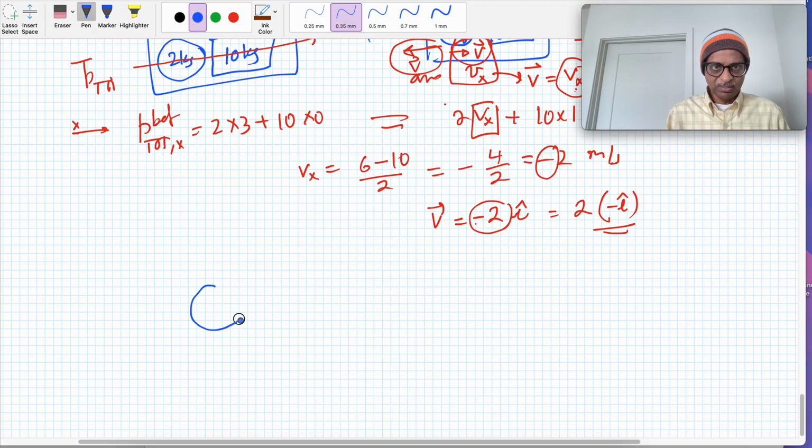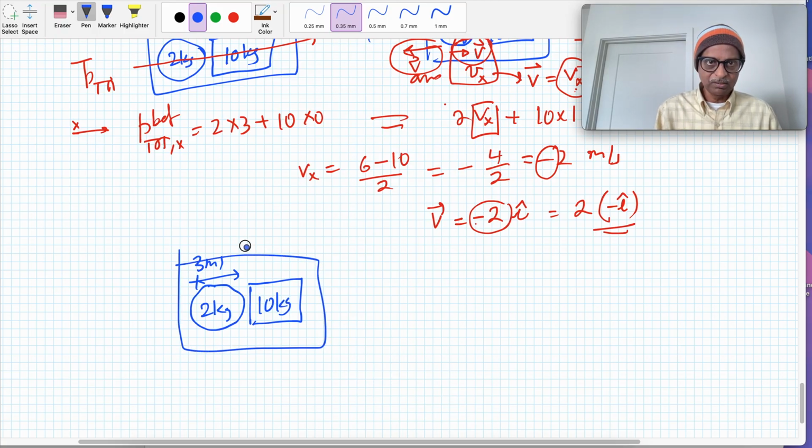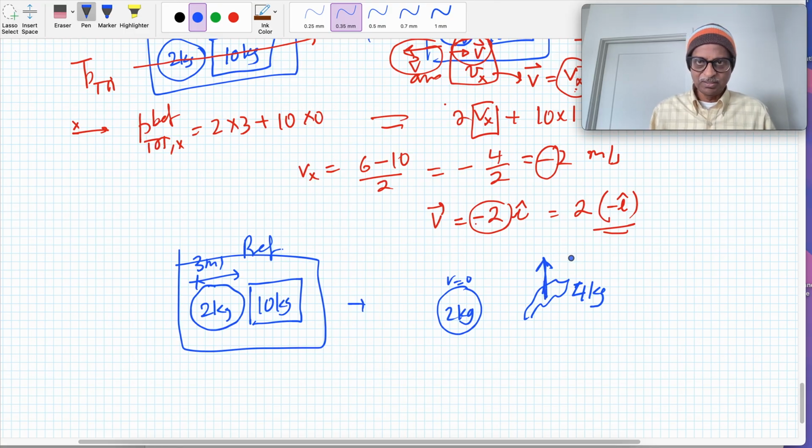Another example. So I have a 2 kilogram mass going at 3 meters per second and it's just about to hit a 10 kilogram box. So this is the before, same thing. Now I am going to imagine that this guy totally comes to rest and this guy splinters, and in maybe a 4 kilogram piece goes straight up, flying that way.